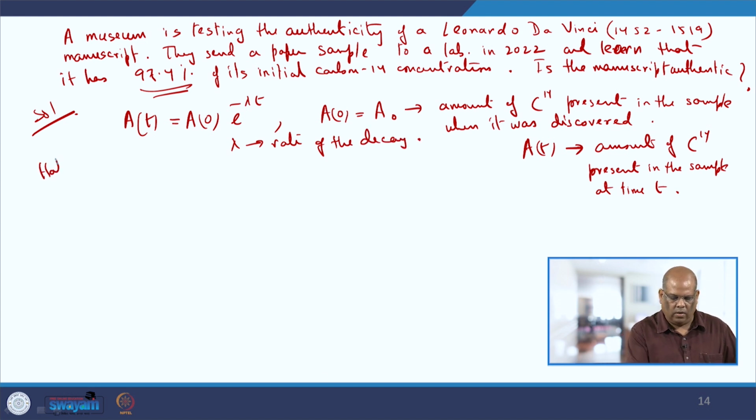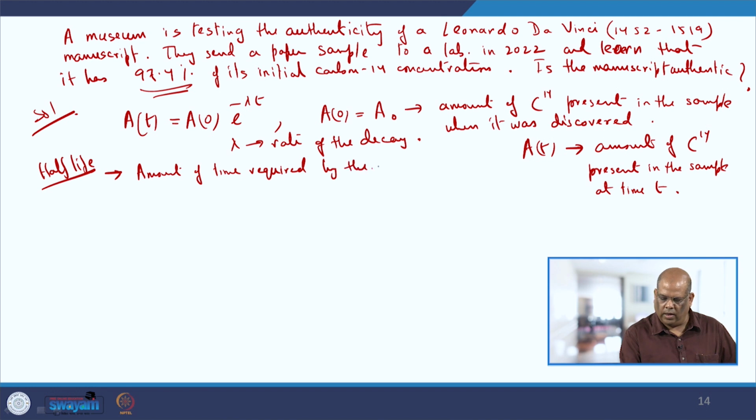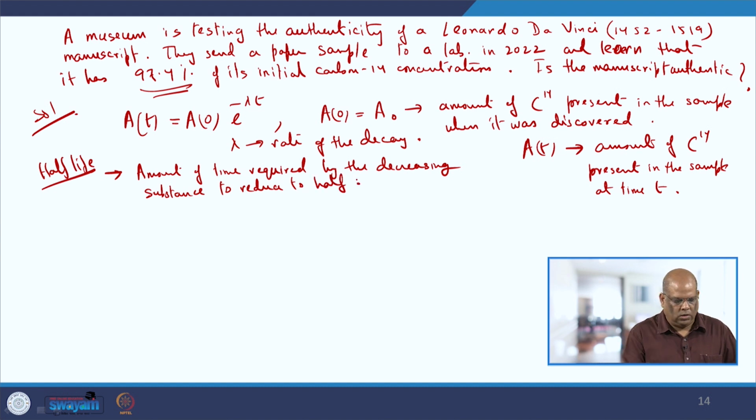So, we calculate an expression for half-life, which is the amount of time required by the decreasing substance to reduce to half. So, I have A(t) equal to A0 e to the power minus lambda t.